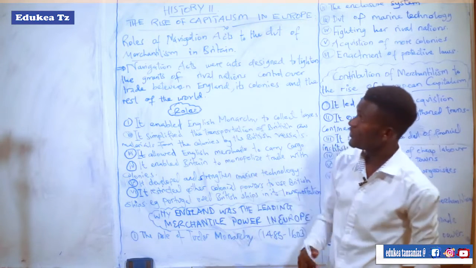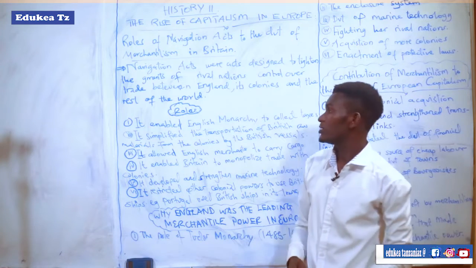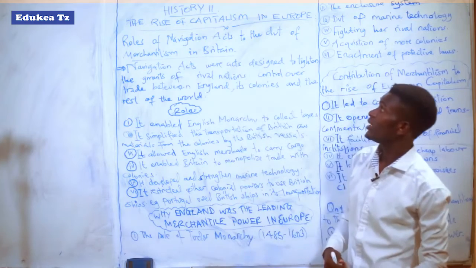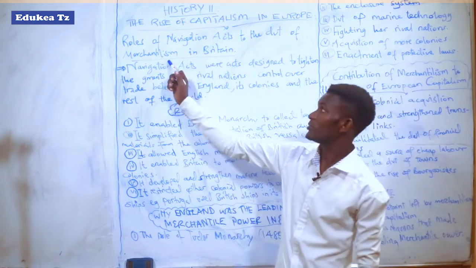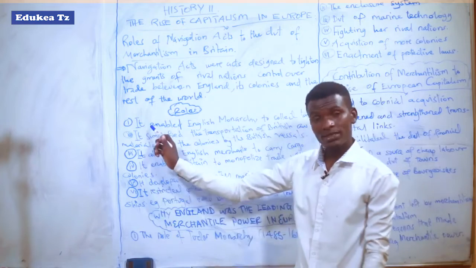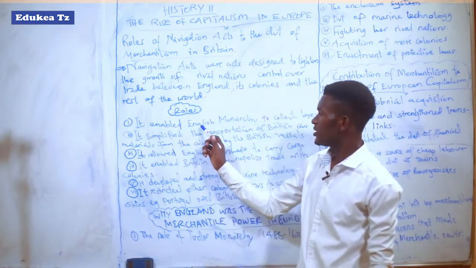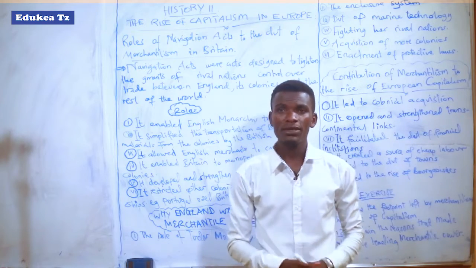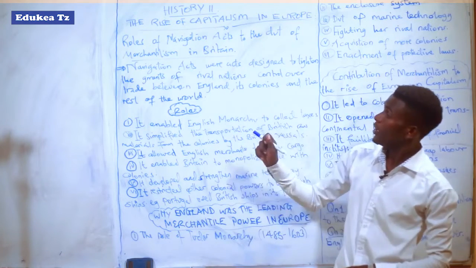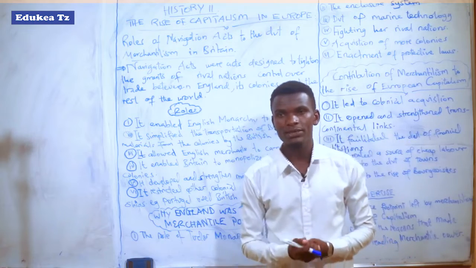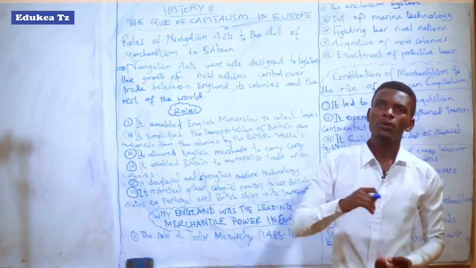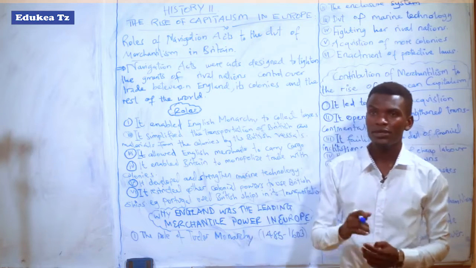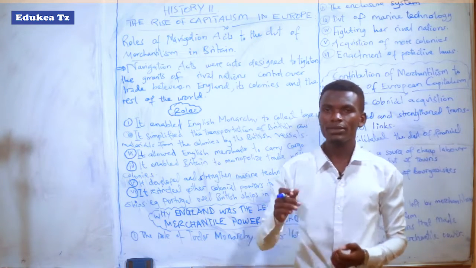After looking at the definition of Navigation Acts, let's see the roles they played in the rise or development of mercantilism in Britain. The first law enabled the English monarch to collect taxes. The Navigation Acts prohibited rival nations from conducting trade with England, its colonies, and the rest of the world.